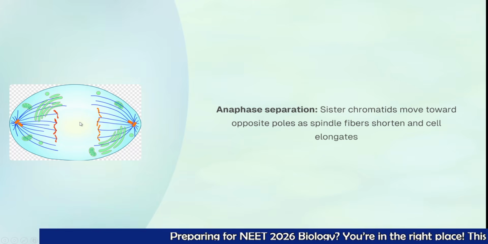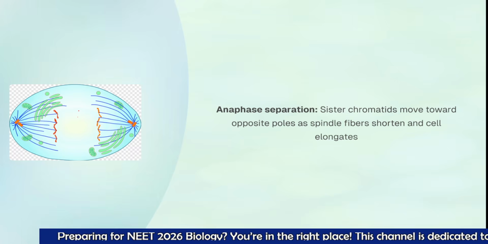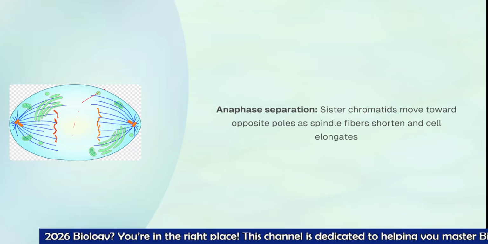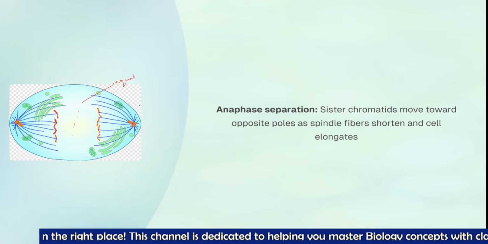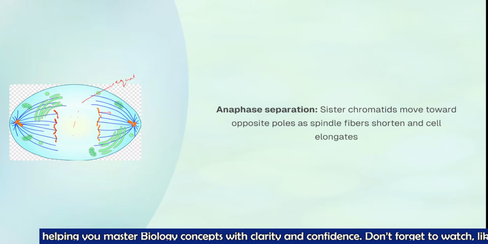Compare the previous diagram. In the previous diagram, at the equator, all the chromosomes aligned. Now the equator region is empty, right? The metaphase plate is not there. You can see the separation of the chromatids, and these chromatids are going towards the poles.